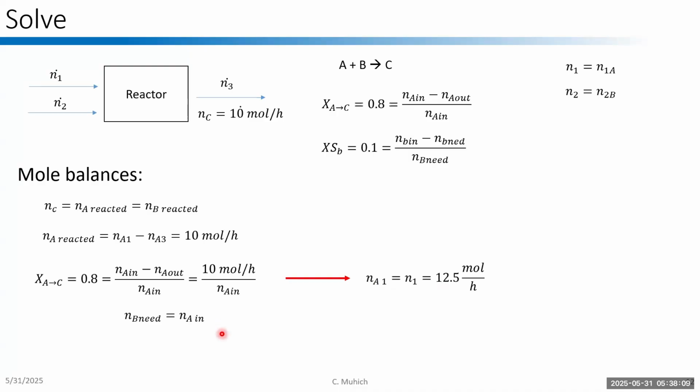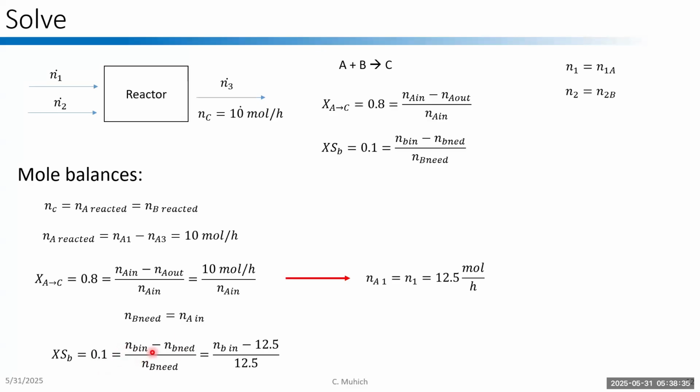Okay, and so now we can look at B. The number of moles of B that we need coming in is, of course, related to the number of moles of A coming in. And I can use my definition of the excess in B. So the excess of B is 0.1.